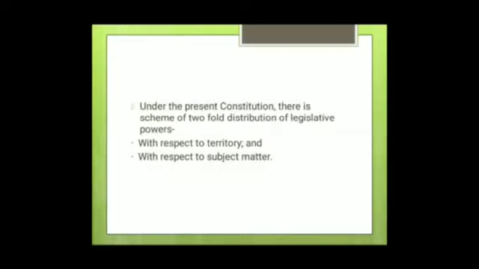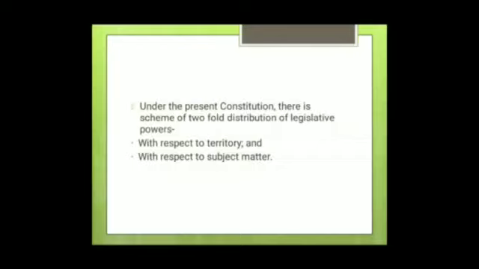And according to clause 2 of Article 245, a law made by Parliament shall not be deemed to be invalid on the ground that it has extraterritorial operation, which means that it takes effect outside the territory of India.